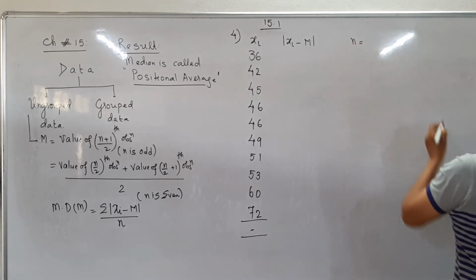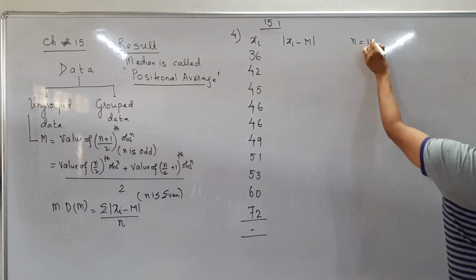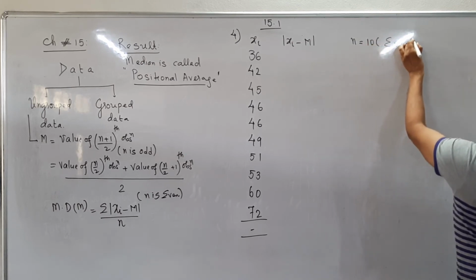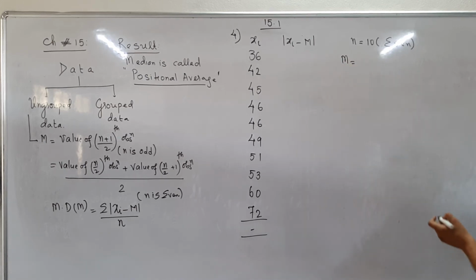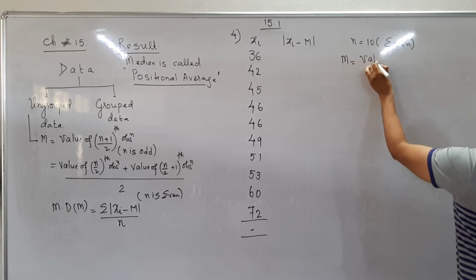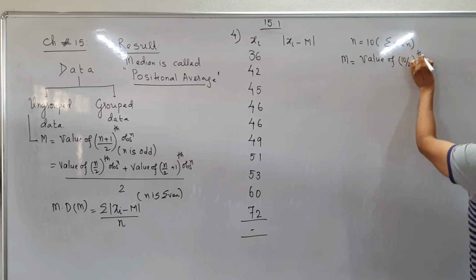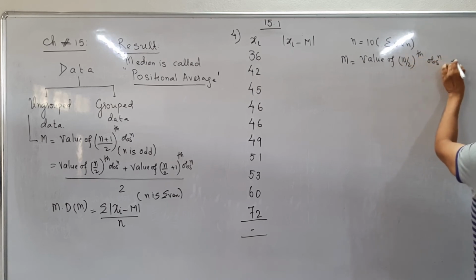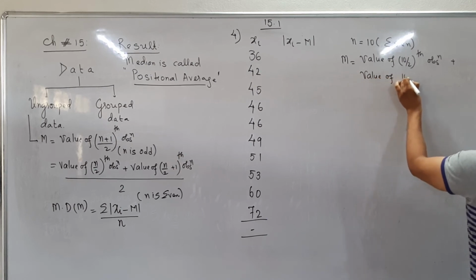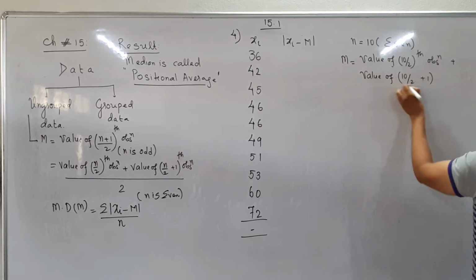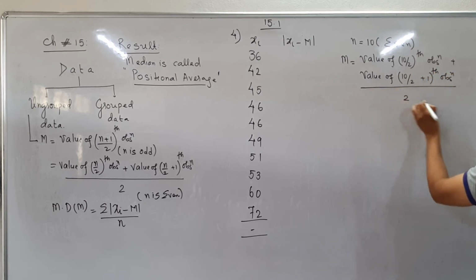Now, n is equal to 10, which is even. So median is equal to the value of the n by 2 observation plus the value of the n by 2 plus 1 observation, divided by 2.